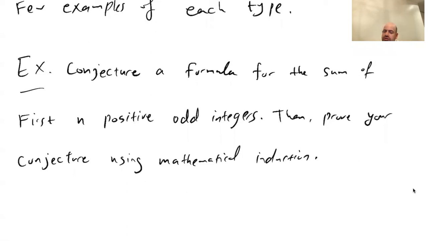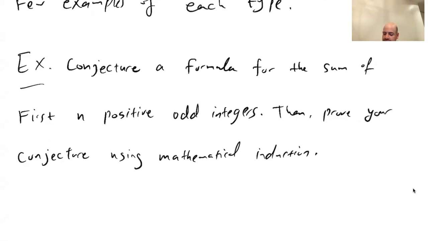To make a conjecture, to make a guess, you can try the first few examples or few numbers. We saw that it's not a method of proof, but it's a good way to get some idea or make a conjecture. So why don't we look at a few examples of this case, the sum of the first n positive odd integers.